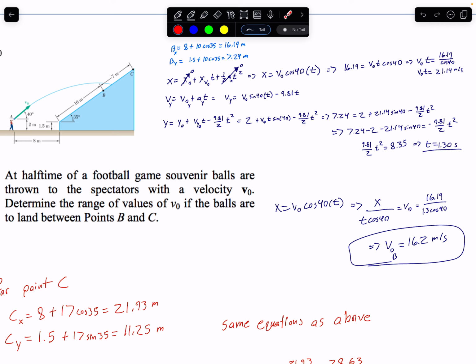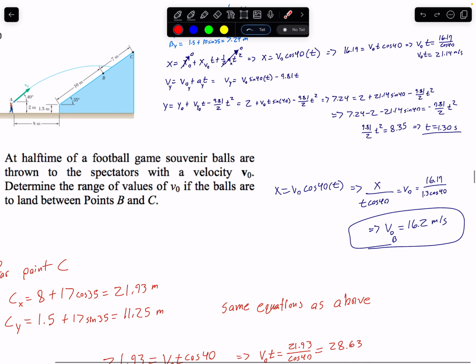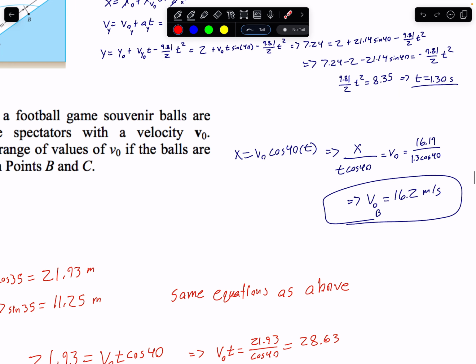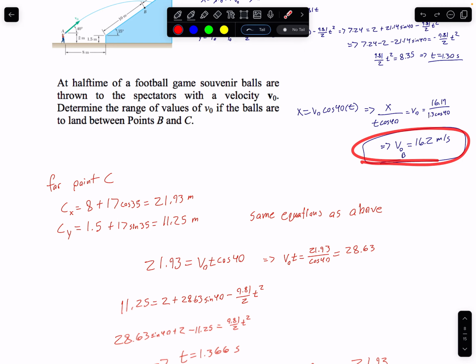And then we don't know t quite yet, but that's what we can use this for: we can get t squared on its own and then do a little algebra and find that it takes 1.3 seconds to get there. And then since we know t now, we can solve for v of 0, which you can see right there, 16.19 divided by 1.3 times cosine 40. We get the initial velocity to reach point B is at least 16.2 meters per second.